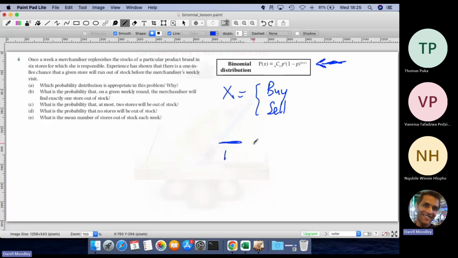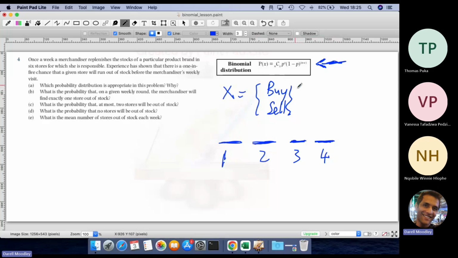The first customer comes in, and the next trial is the second customer coming in, the next trial is the third customer coming in, and then there are only 4 customers coming in. And each of these customers can only do one of these two possible outcomes. They can either buy or sell.